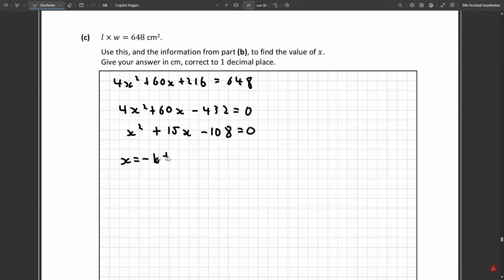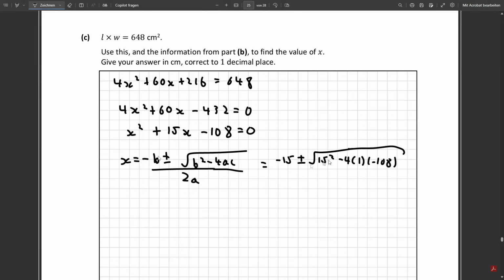x equals negative b plus or minus the square root of b squared minus 4ac, all over 2a. b is clearly 15, so minus 15 plus or minus the square root of 15 squared minus 4 times 1 times minus 108, all over 2 times a, which is 2 times 1.